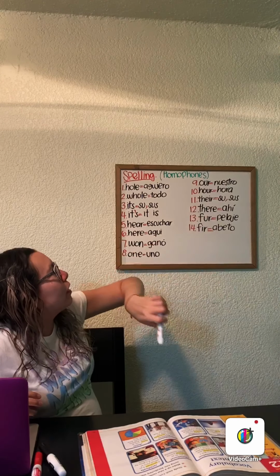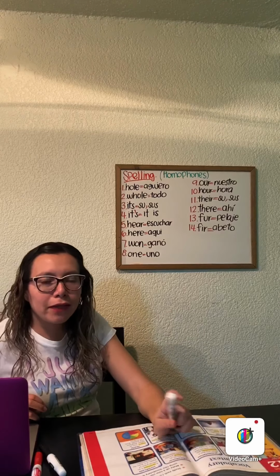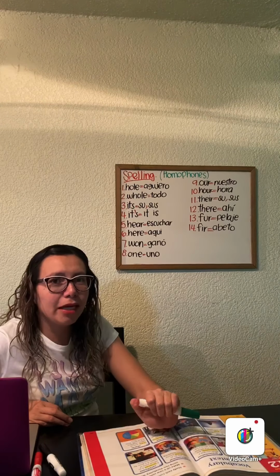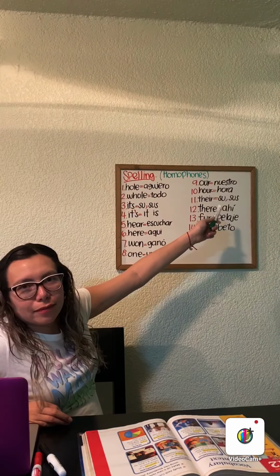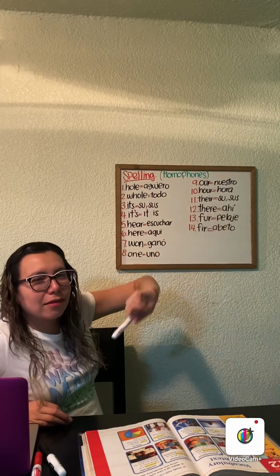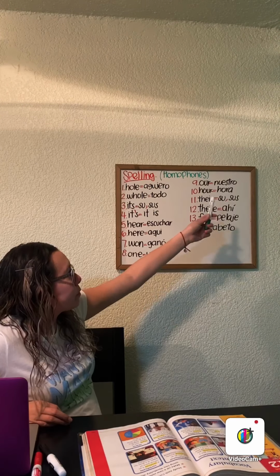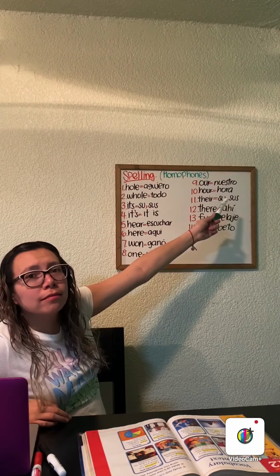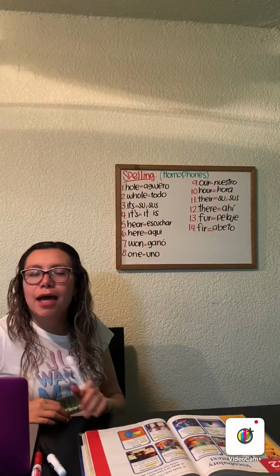Number 11, their. It's another possessive. And we have there. It sounds similar, but they have different meanings. Their means sus, possessive, and there means ahí.